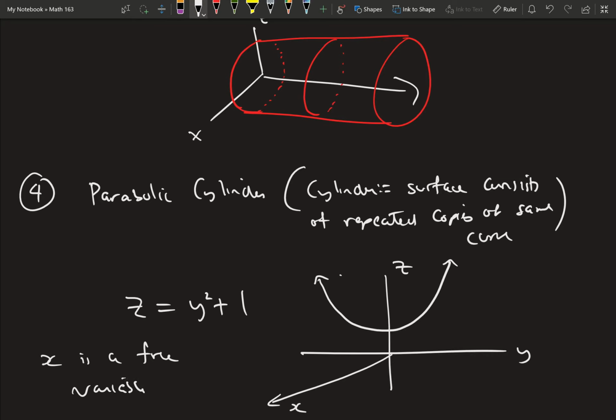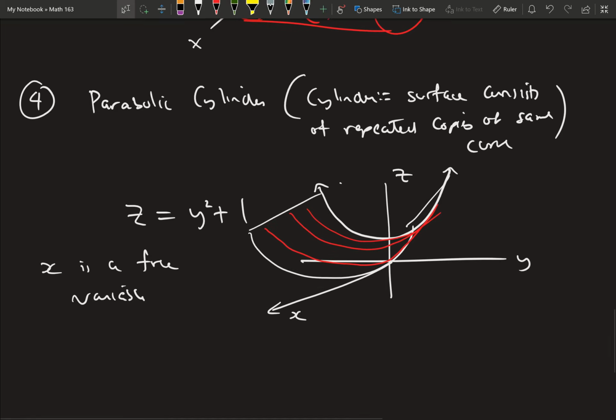So we repeat this graph for every single x value. So we get something like this, where everywhere you go, this graph is repeating. So it's a cylinder in the sense that the parabola is repeating over and over and over. So that's an example of a parabolic cylinder.